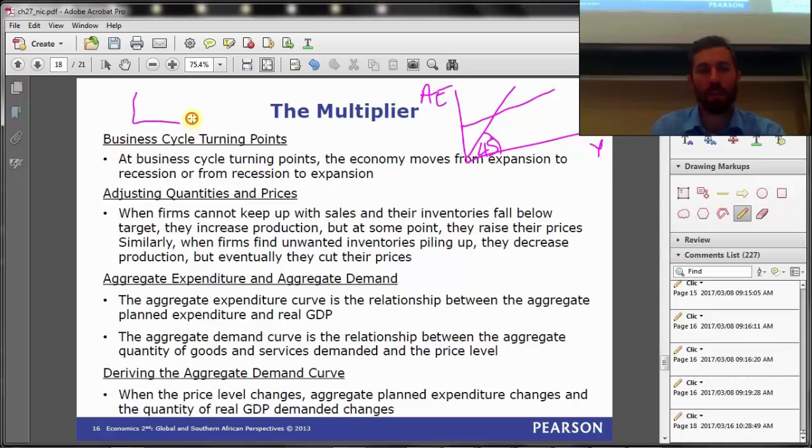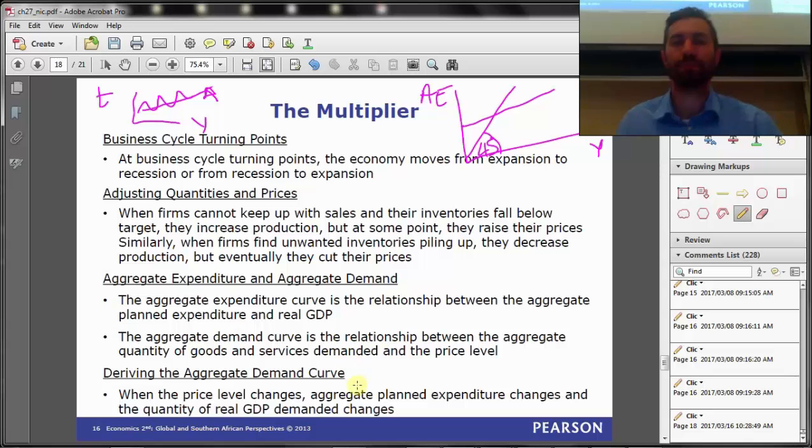If we're plotting output against time, and our trend is potential, then any movement away from potential GDP is a movement away from this equilibrium point. So essentially what we're dealing with is the business cycle, just in a different diagram.